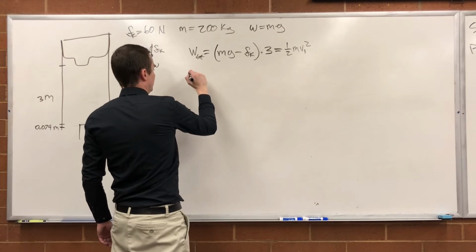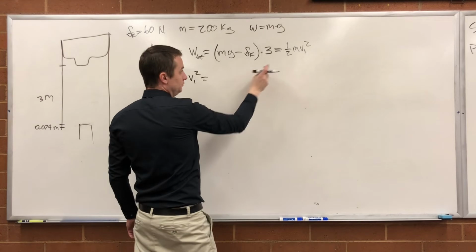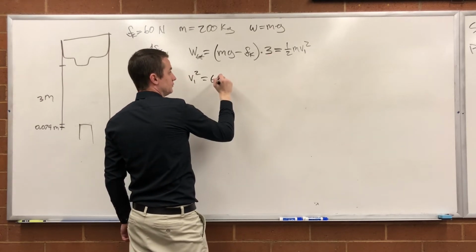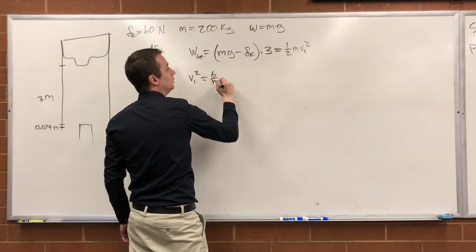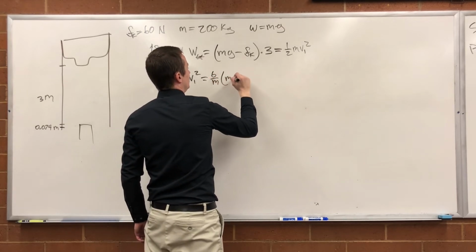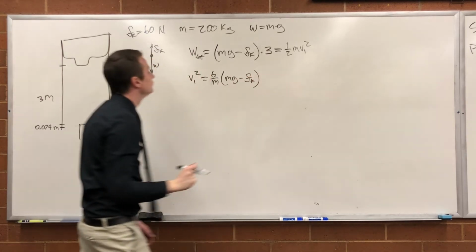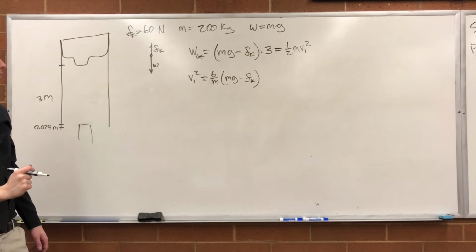So V1 squared is equal to, multiply both sides by 2, so you're going to turn that 3 into 6. And then we'll have to divide by m. So 6 divided by m times mg minus f sub k. Do the m's cancel out?